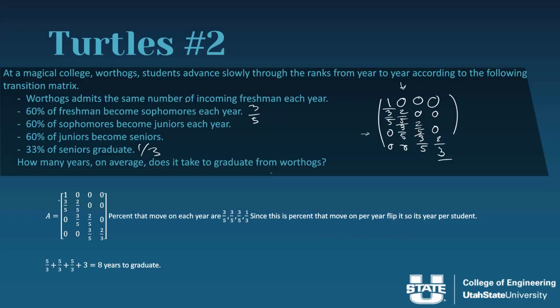It's because we're looking at these values, and then the 1/3 value, like that, and not that one. Okay. So honestly, I don't think the matrix itself is super helpful in this problem.